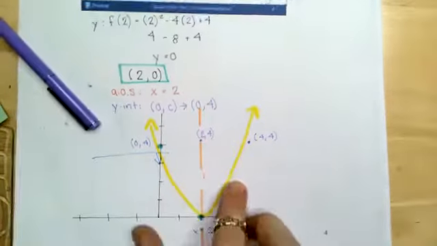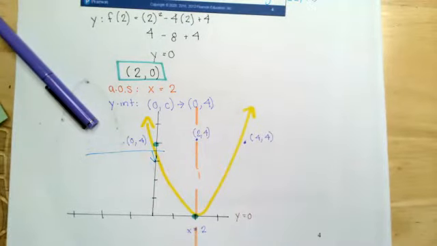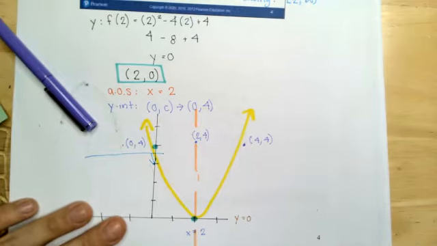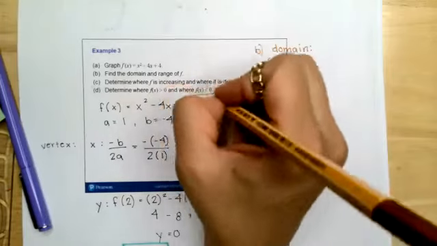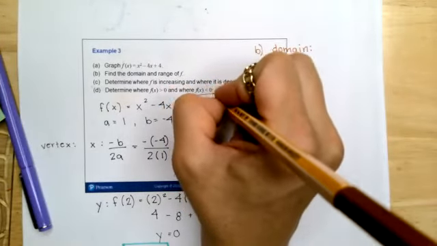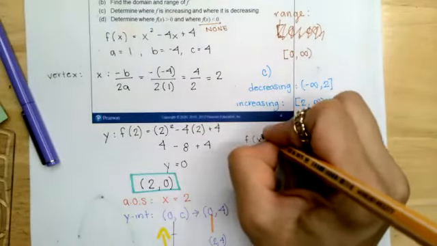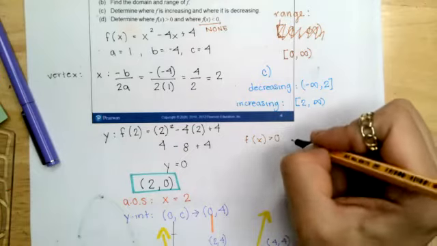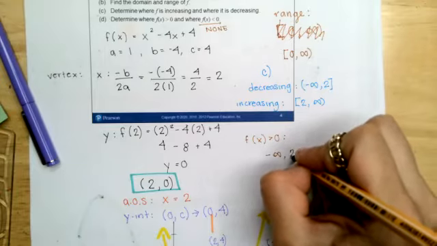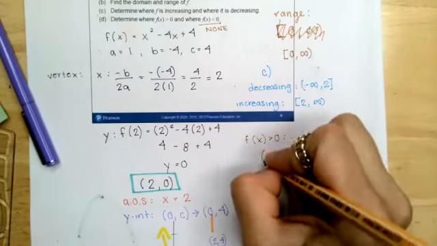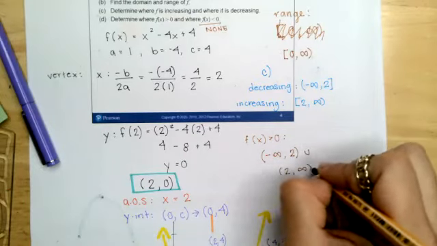All right. Determine where it's greater than 0 and where it's less than 0. If we look at it, right, it touches 0 at x equals 2, but it never goes below 0, right? So it's never less than 0, right? It does not go below 0. It's above 0. From negative infinity to 2, and from 2 to infinity.